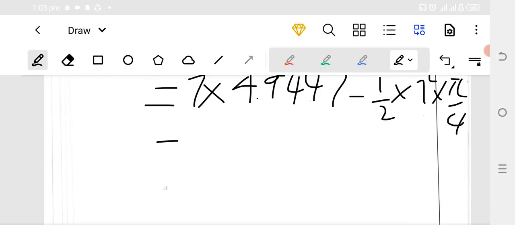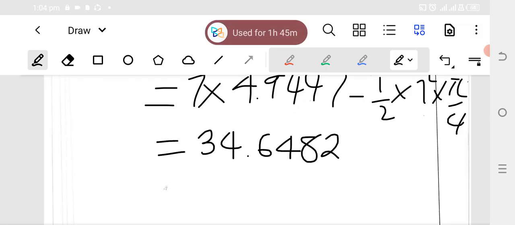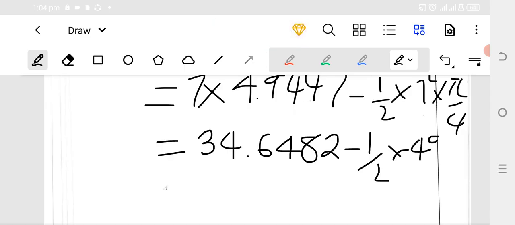When you multiply by 7, we get 34.6482 minus half multiplied by 49 multiplied by pi over 4.